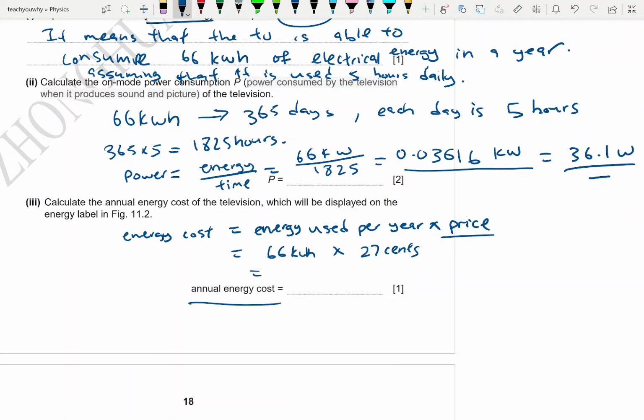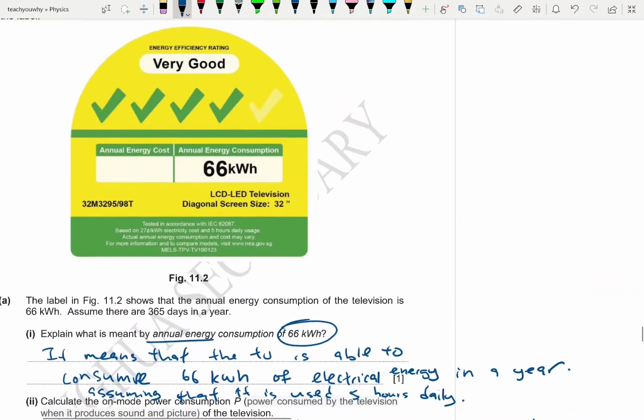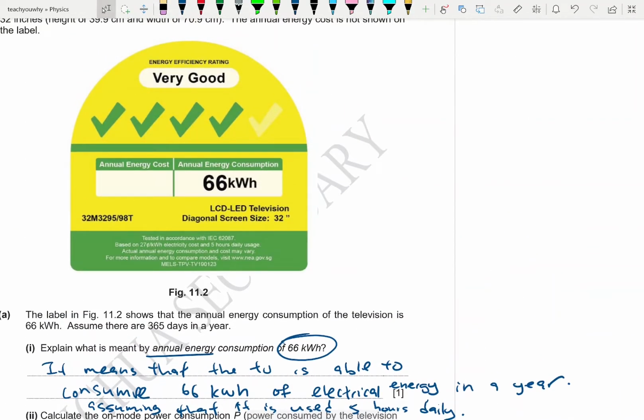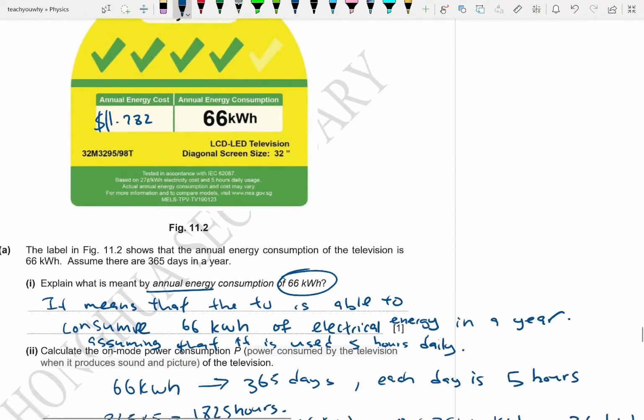And therefore, energy cost is $1.782. Alright, that's quite low.